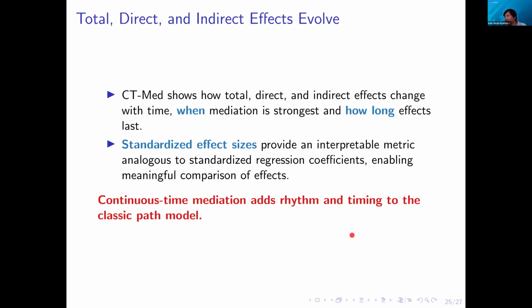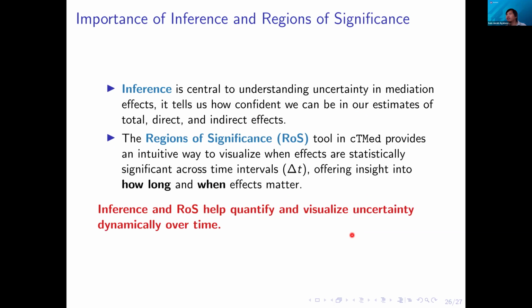We have also introduced a way to standardize these effects, to make them more interpretable, as we are familiar with standardized regression coefficients. We added inference and regions of significance. I also like the idea of thinking about this from a network perspective using total effect centrality and indirect effect centrality.